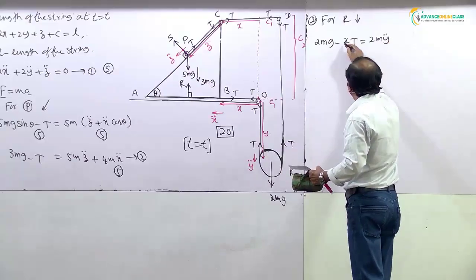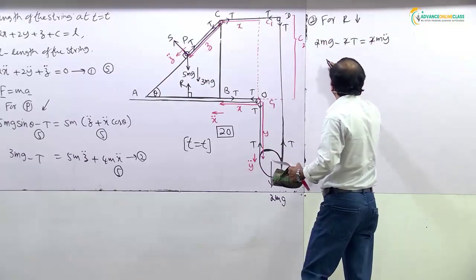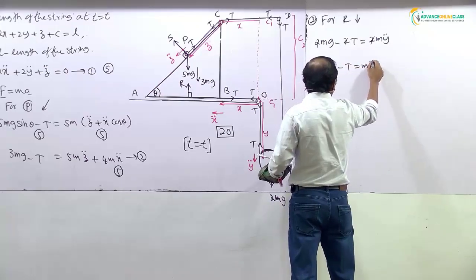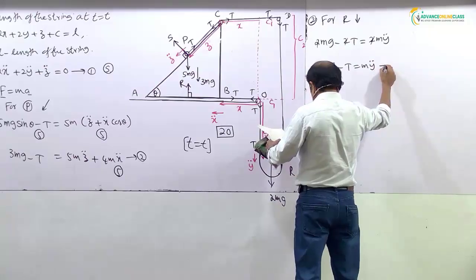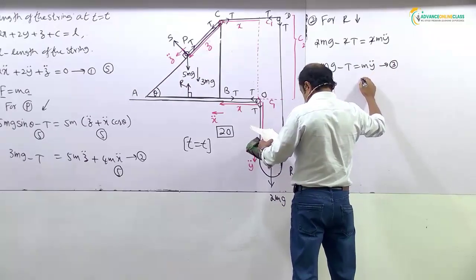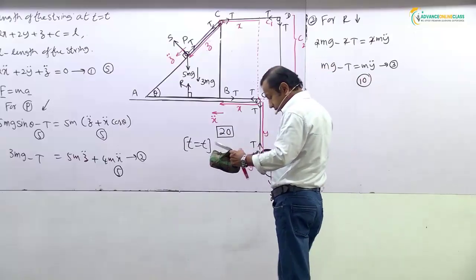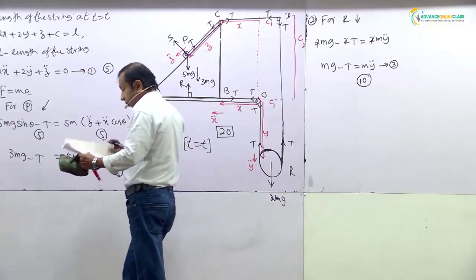Then we can cancel this 2 here. Then we get mg minus T equals m y double dot. This is number 3. We get 10 marks for this.